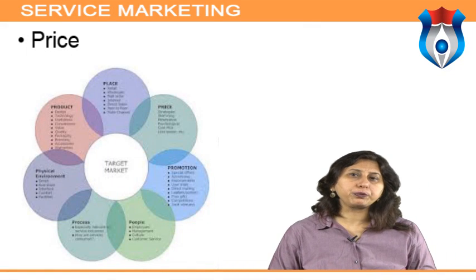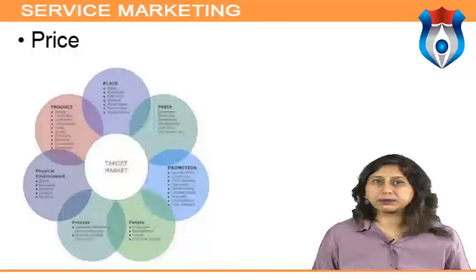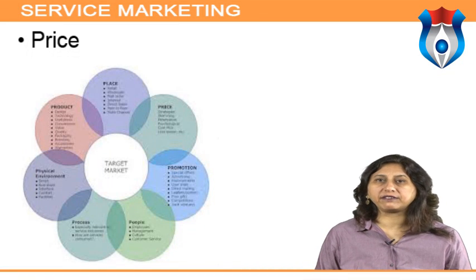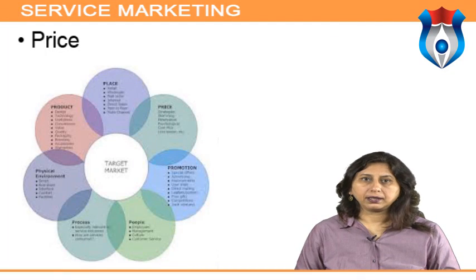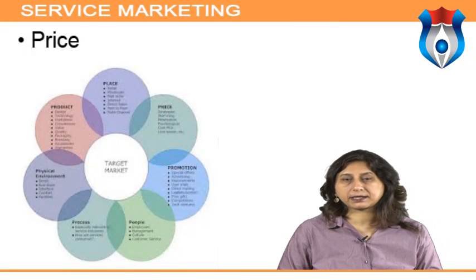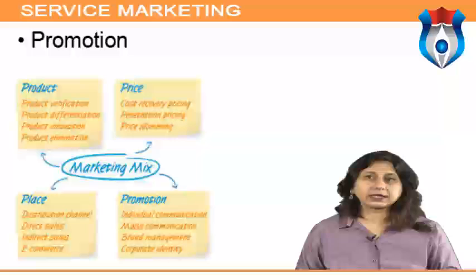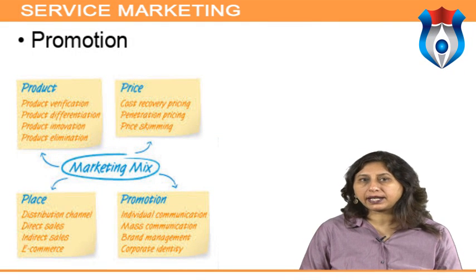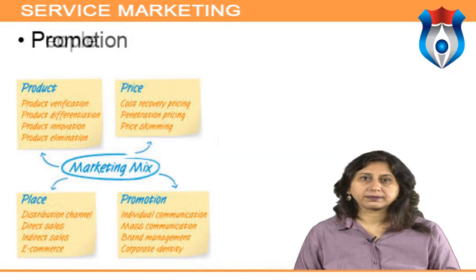From the customer's viewpoint, price is a determinant factor because most customers, depending on their income level, consider the price before they purchase the product. Monetary price implies the payment of a certain sum by the customer. Promotion. This involves the communication that the marketer engages in with the customers in order to make them aware of the product.